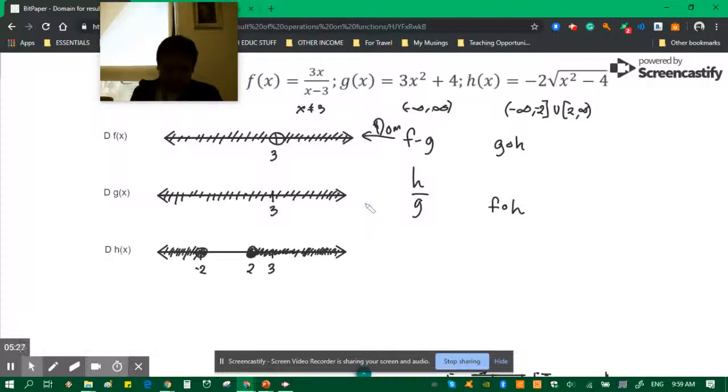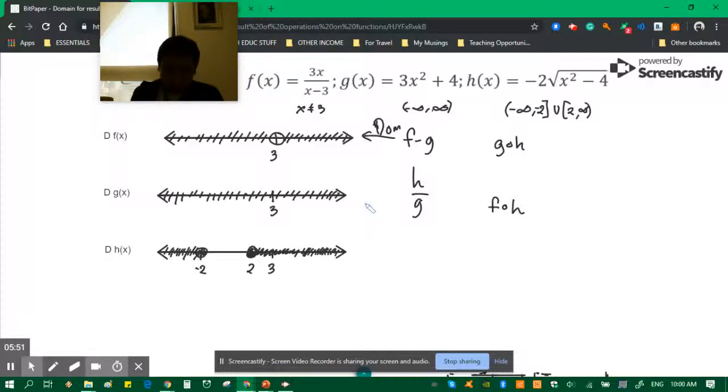Now, h over g. h involves the square root of x squared minus 4, and g of x is a polynomial function, 3x squared plus 4.